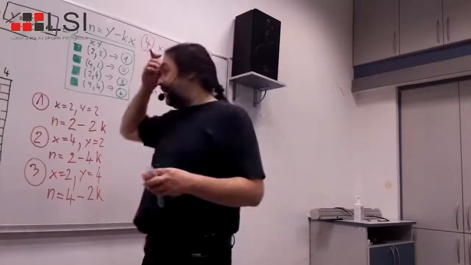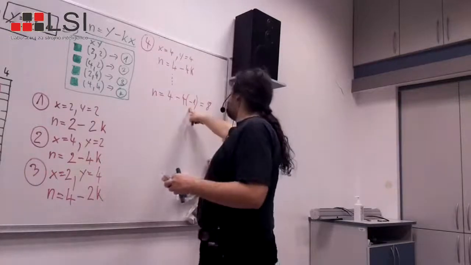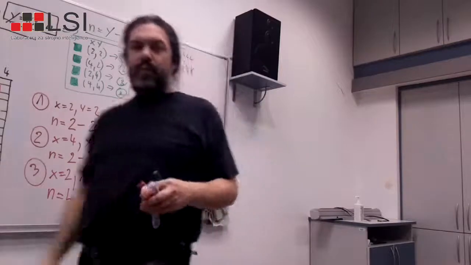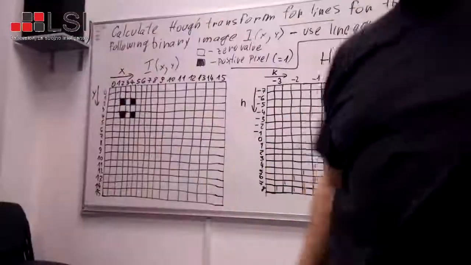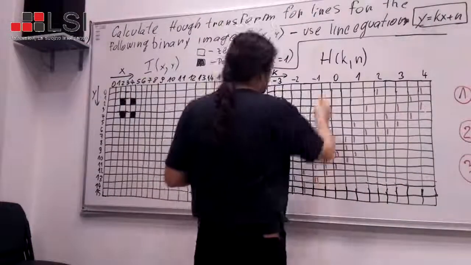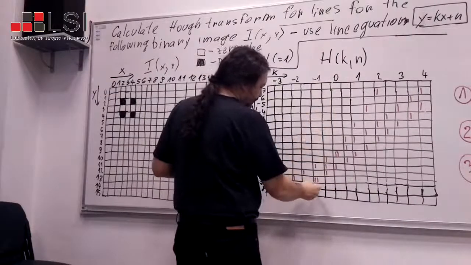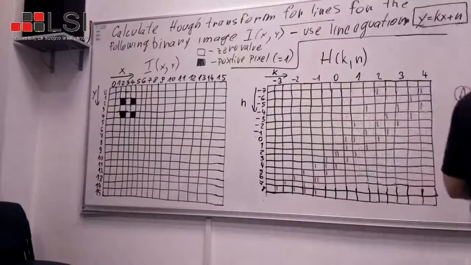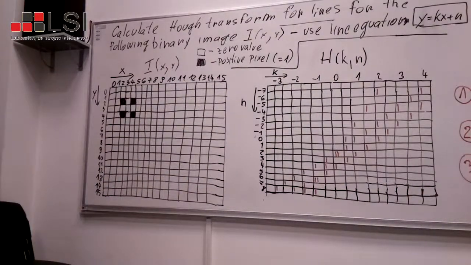So when k is minus 1, we get the value of 8. So here is our first vote. I cheated a bit because I know how this goes, okay? So I didn't just accidentally stumble on this.